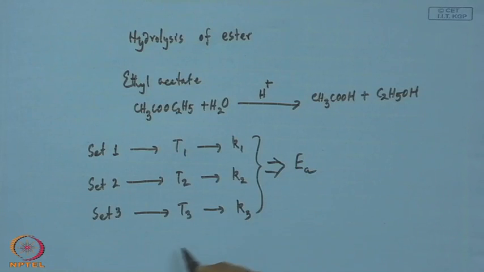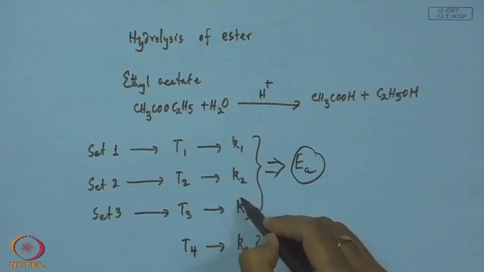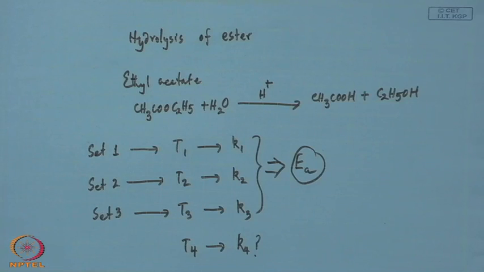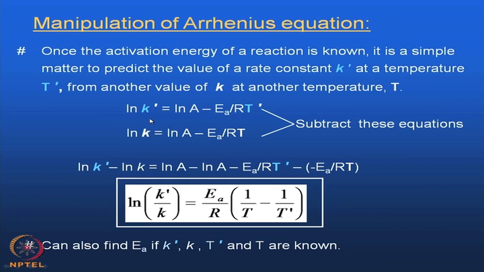Once EA is known, suppose I ask you a question: even if you do not do set 4, what can be the value of K at temperature T4? So you can make use of this Arrhenius equation and manipulate it a little bit to find out K4, since EA is known from these 3. So you have this expression: ln K primed, which is unknown to you, T primed is the corresponding temperature.